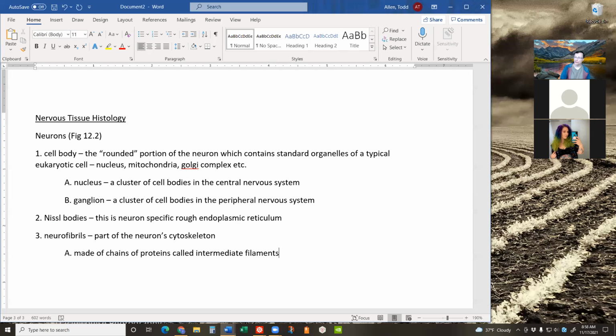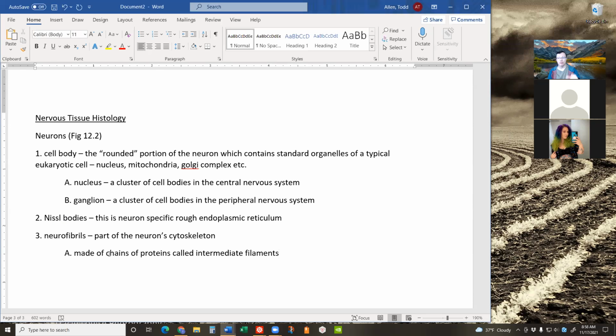You might recall the phrase intermediate filaments from your time studying chapter 3. I'm just going to speak some of the names of the proteins we find in these intermediate filaments. Promise you I'm not going to test you on it, so I'm not going to write it down. But some of the proteins we find in these intermediate filaments that are part of the neuron cytoskeleton would include proteins like keratin.